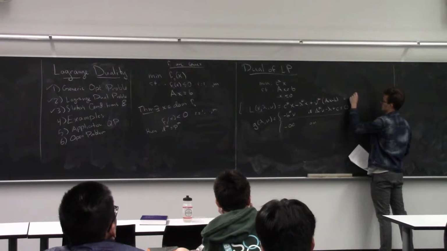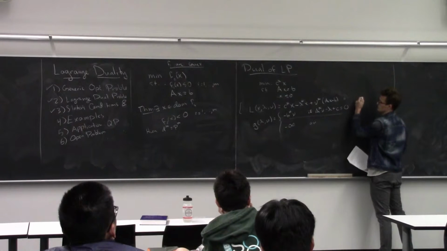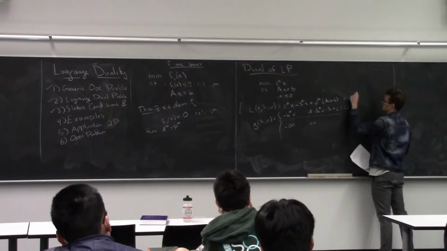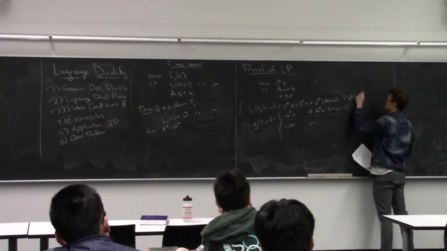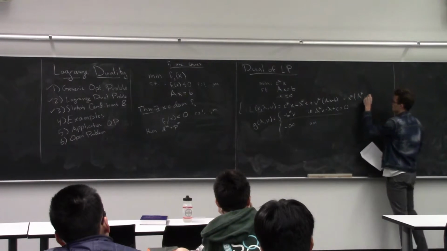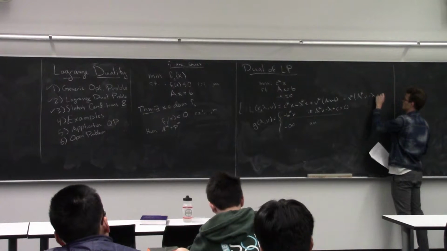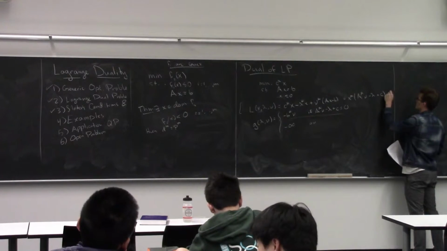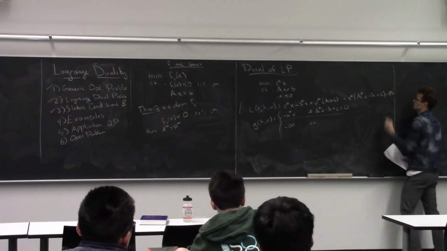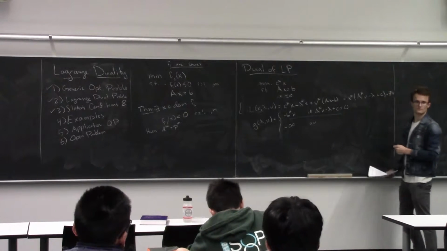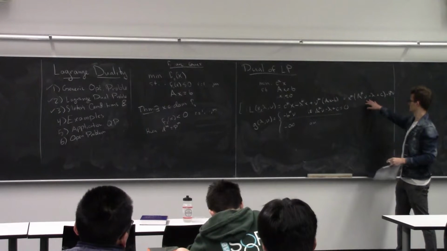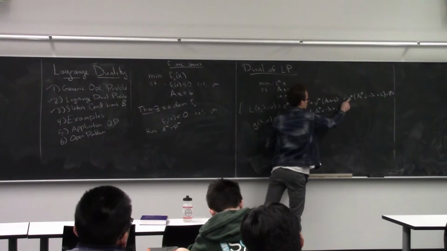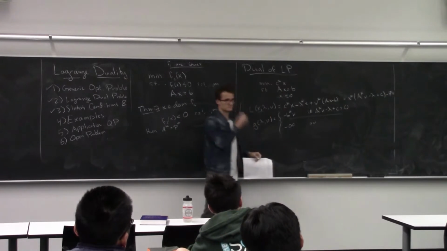Let's write it this way. I'm going to write this as x transpose times (A transpose nu minus lambda plus c) minus b transpose nu. We just rearrange the terms. Why, if we minimize this function over x, do we get this thing?